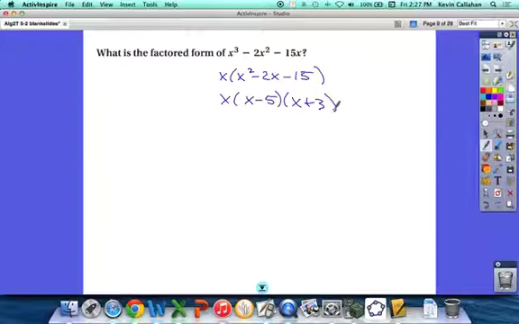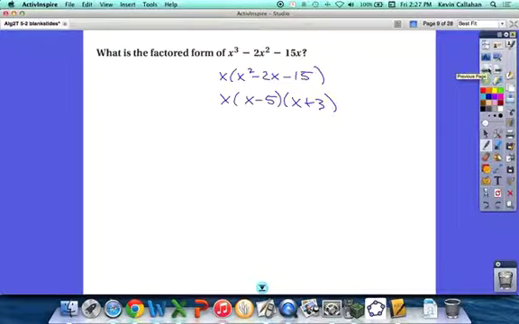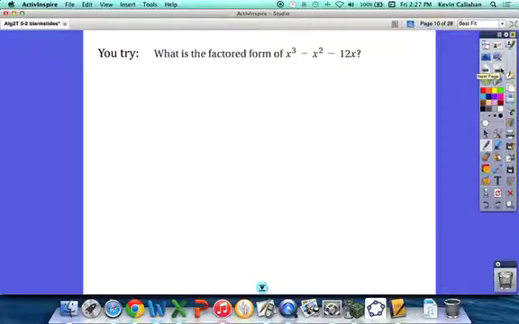I might have another one that comes after this. Try to do the same thing on that. Factor it.